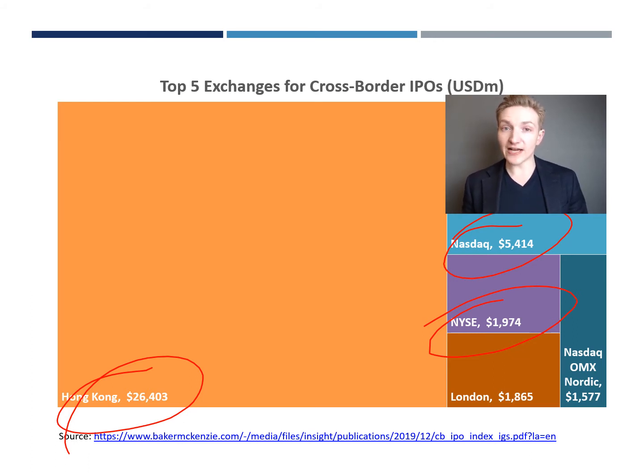Now, part of the reason for the NASDAQ taking more activity here is probably because of the dominance of tech firms. After this, we have London, and we have NASDAQ in the EU. So that's the NASDAQ OMX exchange, which is representing European companies. The London Stock Exchange still has quite a large amount of activity, of course, being in 4th place here.